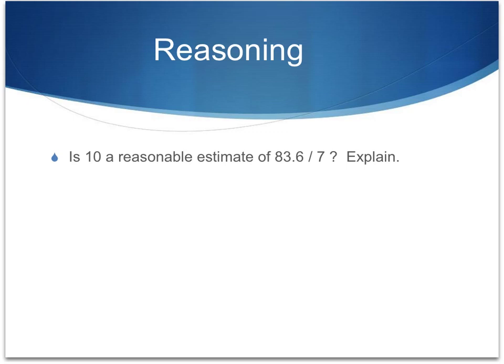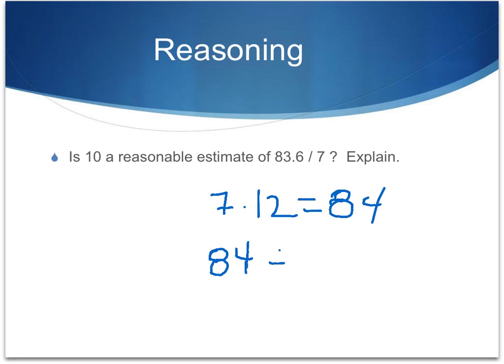So when you think about all those facts, one fact that comes to mind is I know that 7 times 12 is equal to 84. Well, 84 is very, very close to 83. So the compatible number division sentence would be change 83.6 to 84, rounded up, divide that by 7, and know that your answer then would be 12.